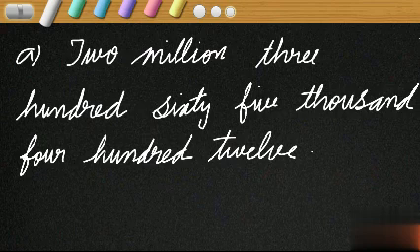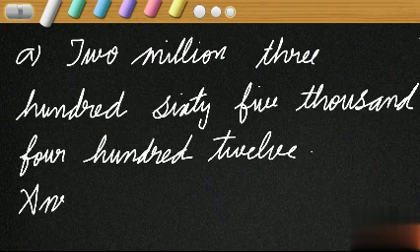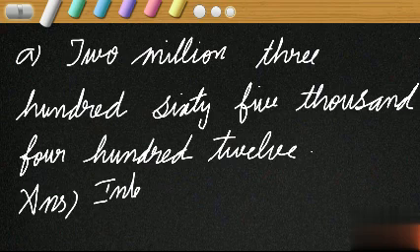That means the number name in the Indian system. For that, what do we have to do? Yes, first we have to write the numeral for this number in the international system.